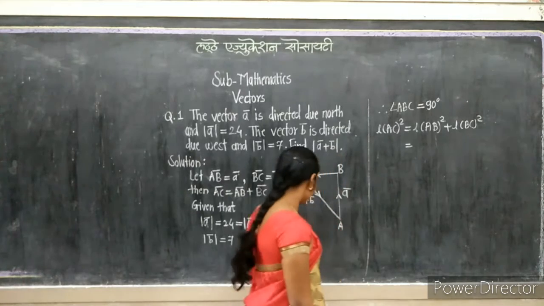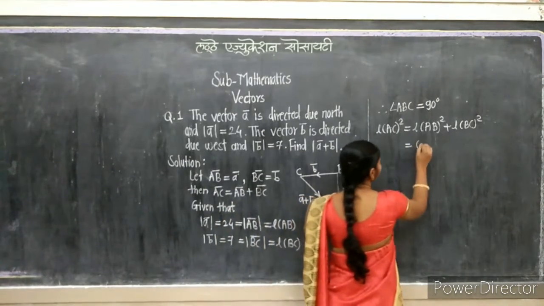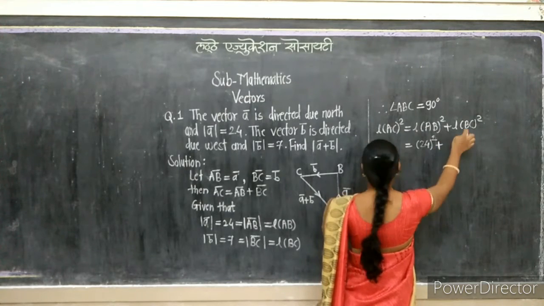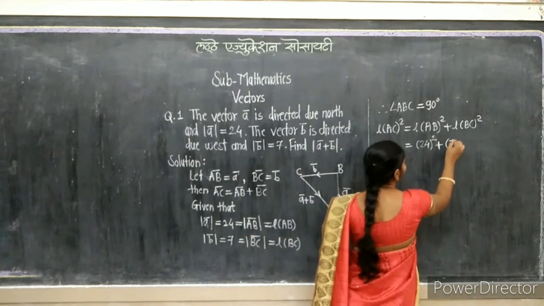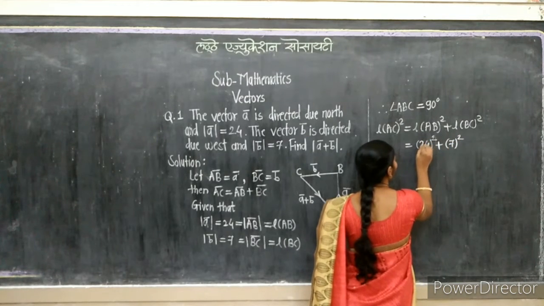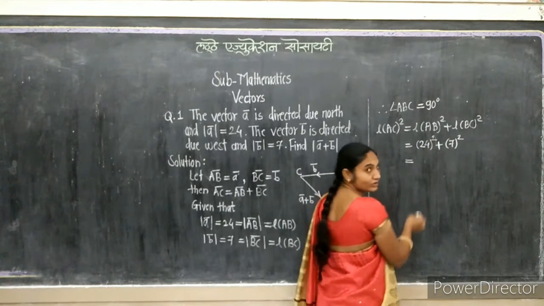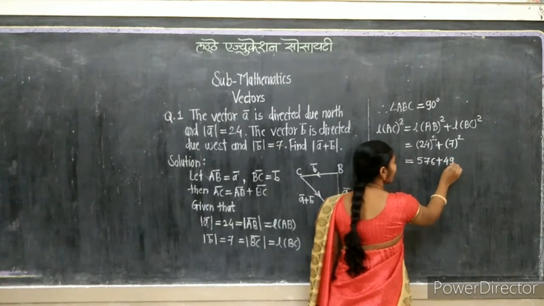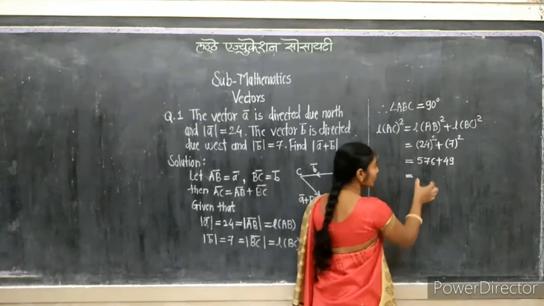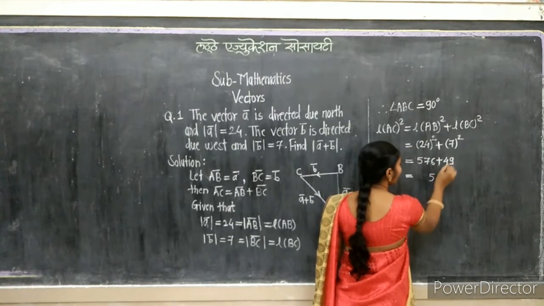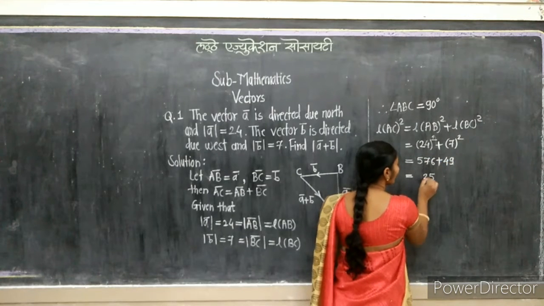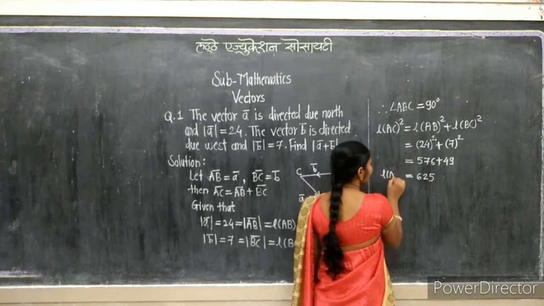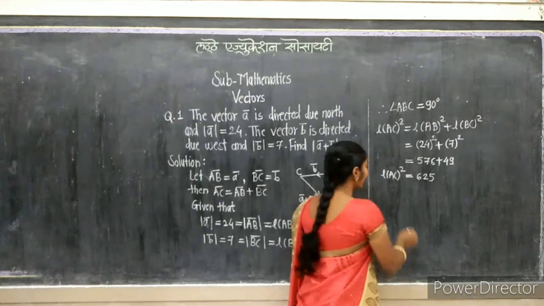Length of AB is 24 square plus length of BC is 7 square. 24 square is 576 plus 7 square is 49. Addition of these two gives 625, that is length of AC square is equal to 625.